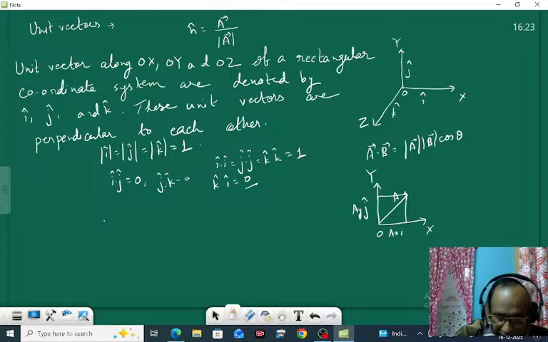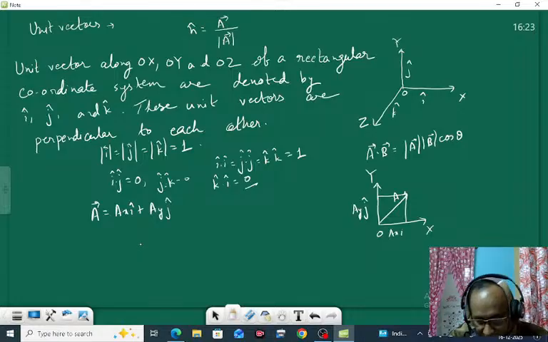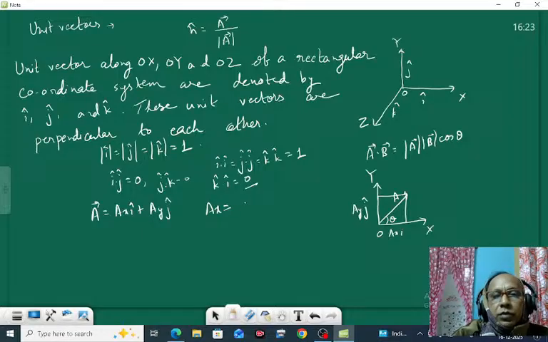So vector A can be represented as AX i unit plus AY j. Suppose this is theta, then AX is equal to A cos theta, and AY equal to A sin theta.